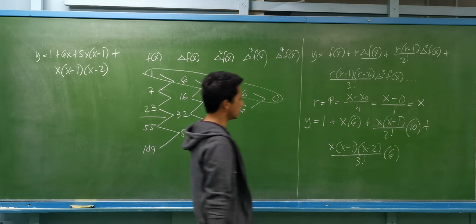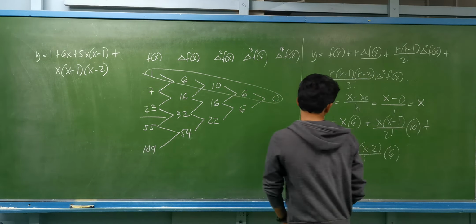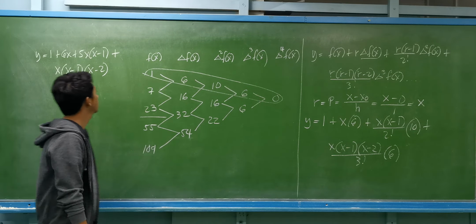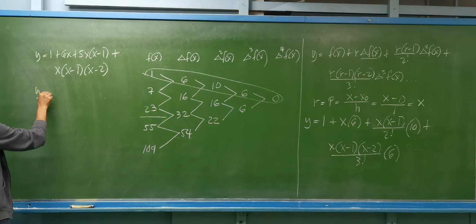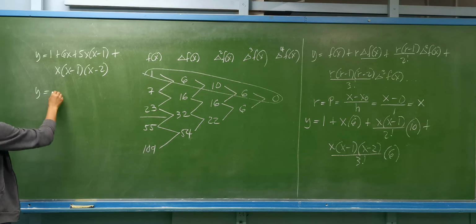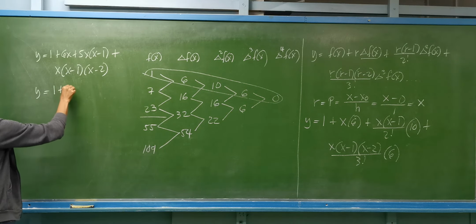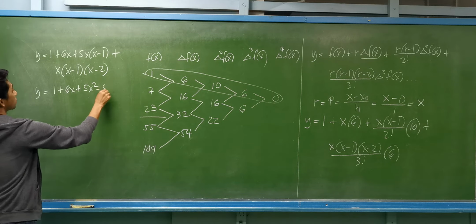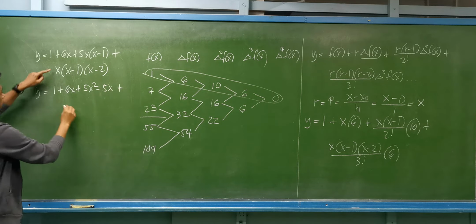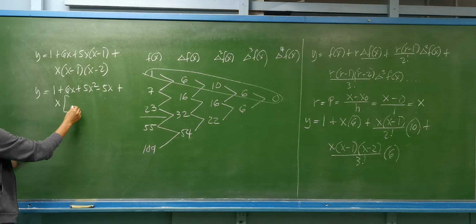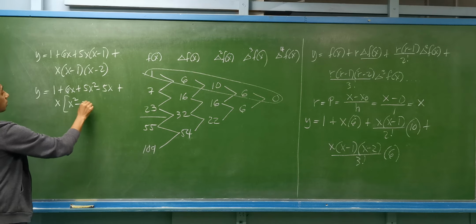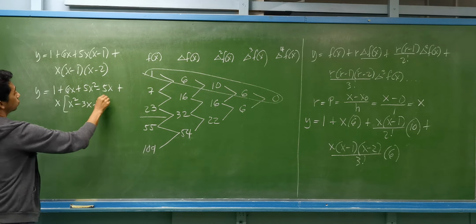Take note, here we have the equivalent of 2 factorial is 2, 3 factorial is 6. So we have an equivalent of y. If we are to simplify this one, this is 1 plus 6x plus 5x squared minus 5x plus x multiplied by x squared minus 3x plus 2.